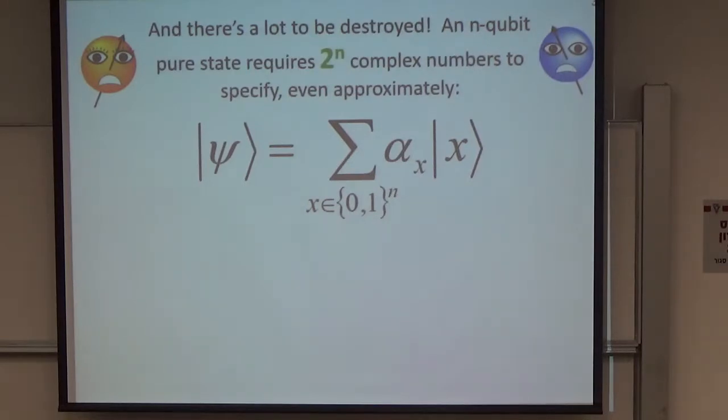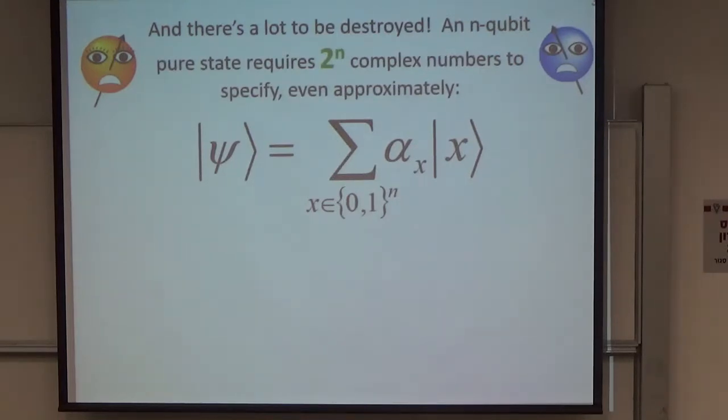I need one amplitude for every possible configuration of all n of the bits, giving me a state which is a vector of exponential size. This of course is the central thing that makes quantum mechanics seemingly difficult to simulate using classical computers, and is also the central fact that we hope to exploit by building quantum computers.